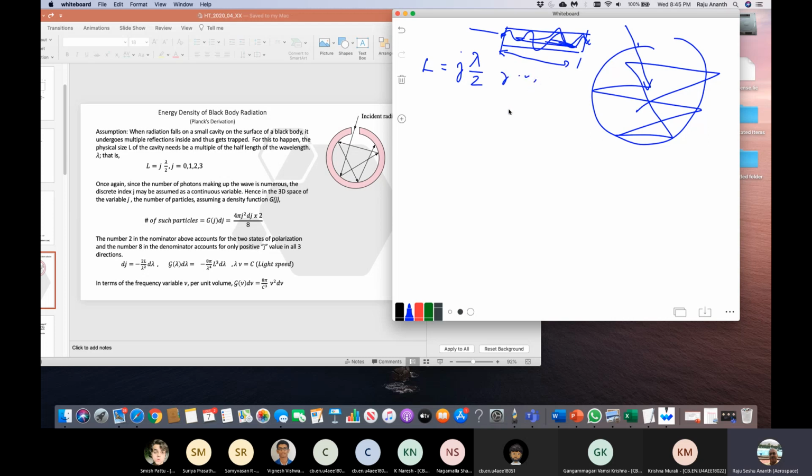Now this is where an interesting argument occurred. Since the number of particles, remember Avogadro's number is 10 to the power 23 for 1 gram mole of the gas, which is a very large number, we can assume j to be a continuous variable.